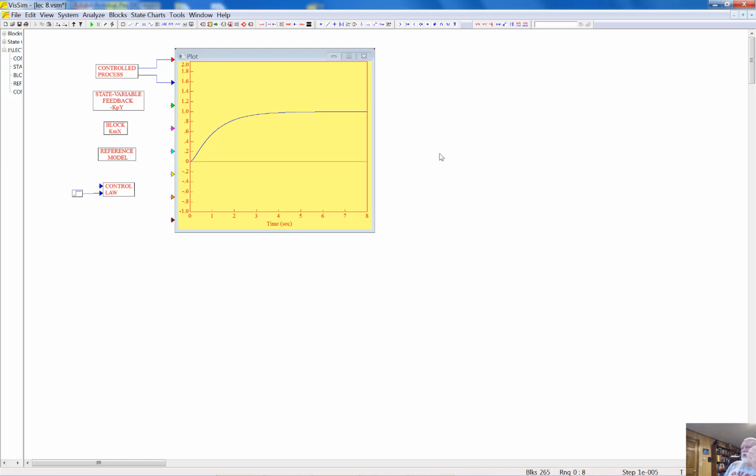Later, we will convert linear model following design to adaptive model following design. And basically, the purpose of linear model following design is to do the groundwork for adaptive model following design.